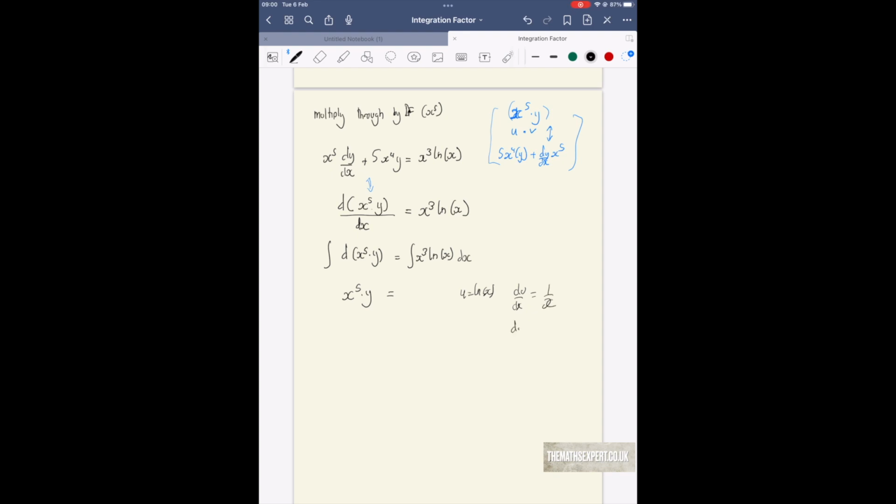I'm going to use dv over dx as x cubed, and I'm going to use v as x to the 4 over 4. We know the equation is going to be u times v, so that's going to be ln x times x to the 4 over 4, take away the integral of v times du over dx, which is 1 over x, dx.